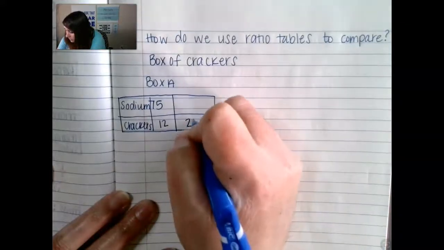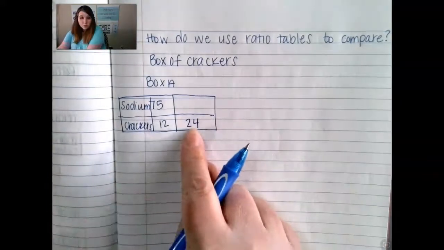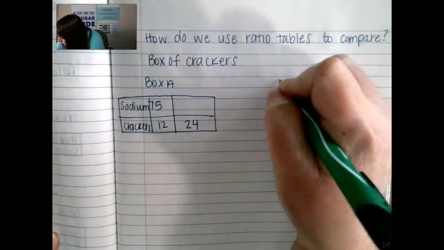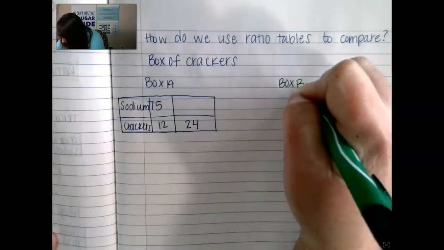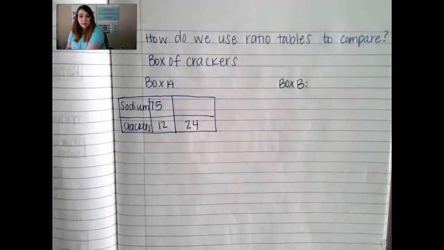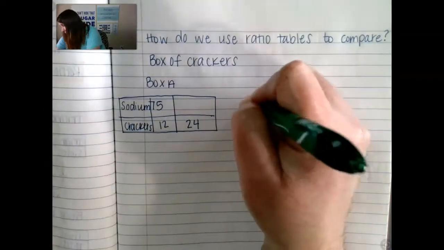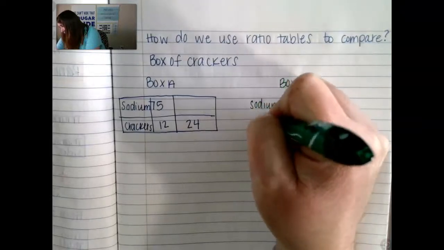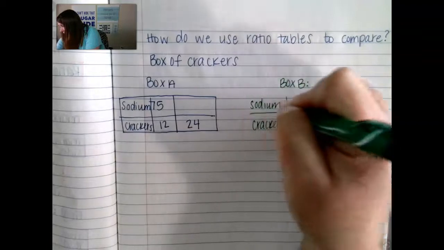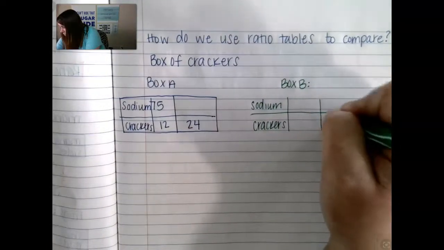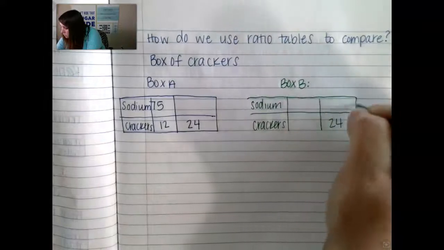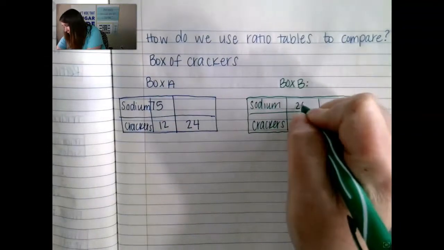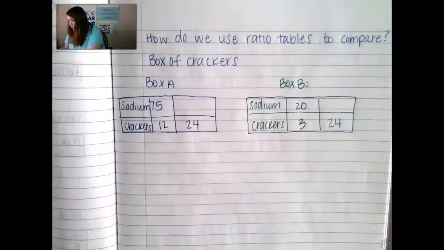The number they want us to look for is when we have 24. In box B, let's use a different color, I have again sodium compared to the crackers that I eat. 20 grams of sodium for 3 crackers.